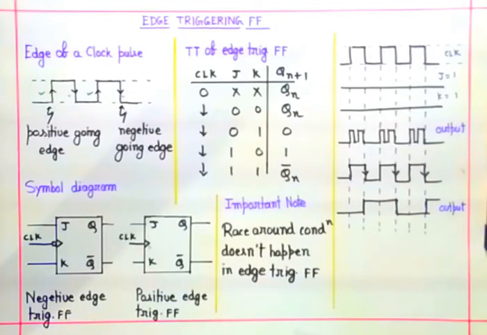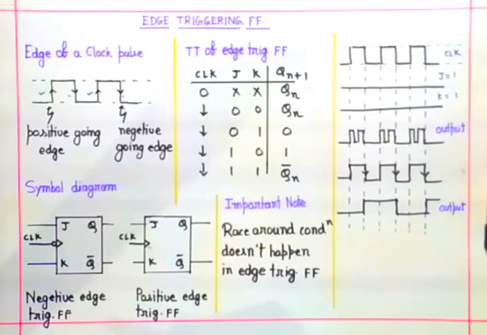Okay. Now a symbol diagram of an edge trigger flip-flop. In this case, we are taking example of JK flip-flop, but this concept is applicable for all types of flip-flop: D flip-flop, T flip-flop, SR flip-flop. Okay, now let's discuss the symbol diagram.